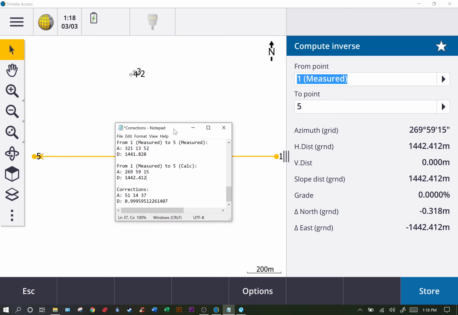For my scale factor correction, I'm going to similarly just take the distance between the two actual points and divide that by the distance between the actual and the calced point, and that gives me a scale factor of just under 1 here.